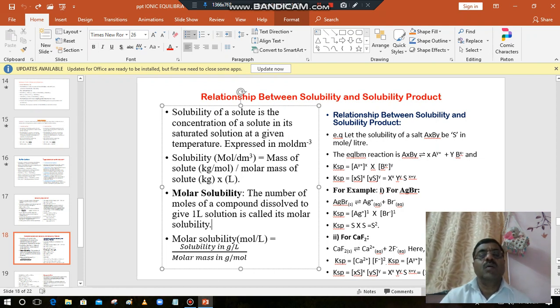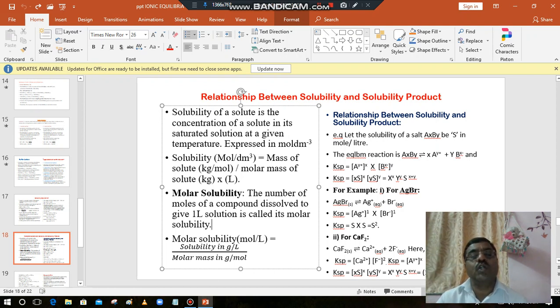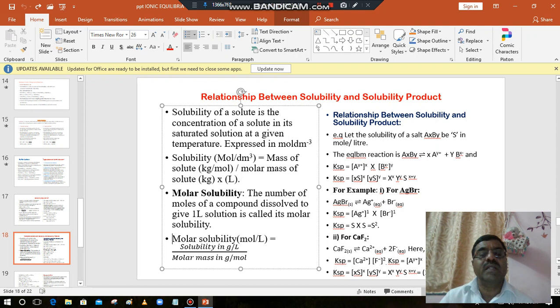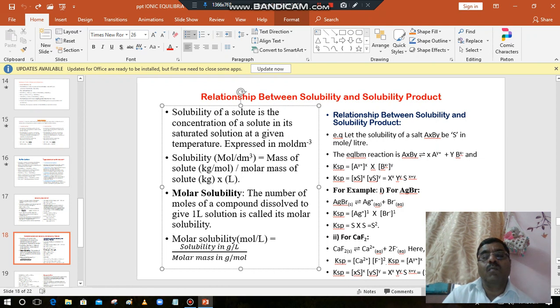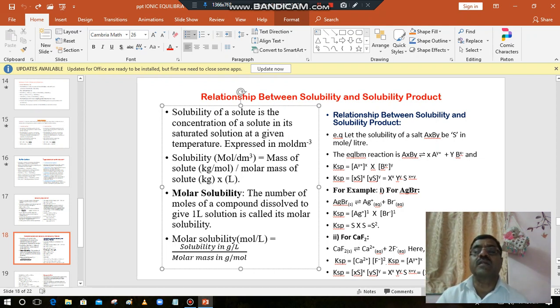It means that the number of moles dissolved in water to form 1 liter of solution is called molar solubility, and the molar solubility is formulated as molar solubility is equal to solubility divided by molar mass. It means that moles per liter is equal to grams per liter by grams per mole. We can say the unit of the molar solubility.